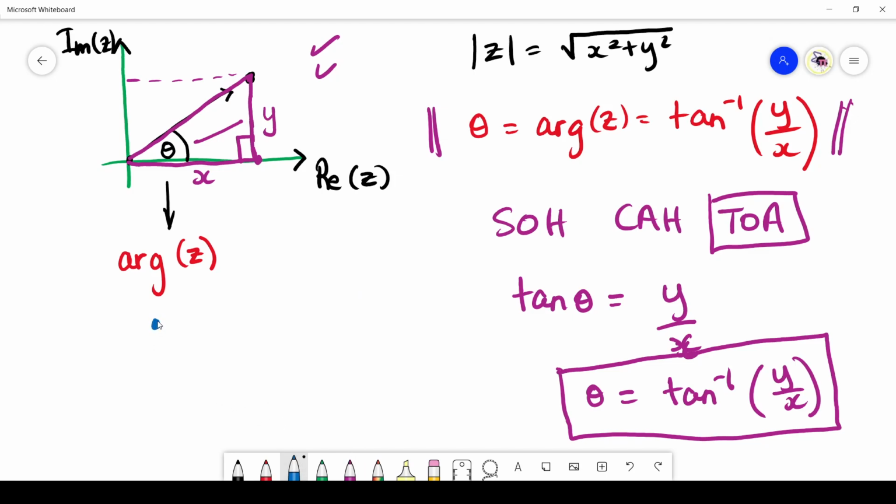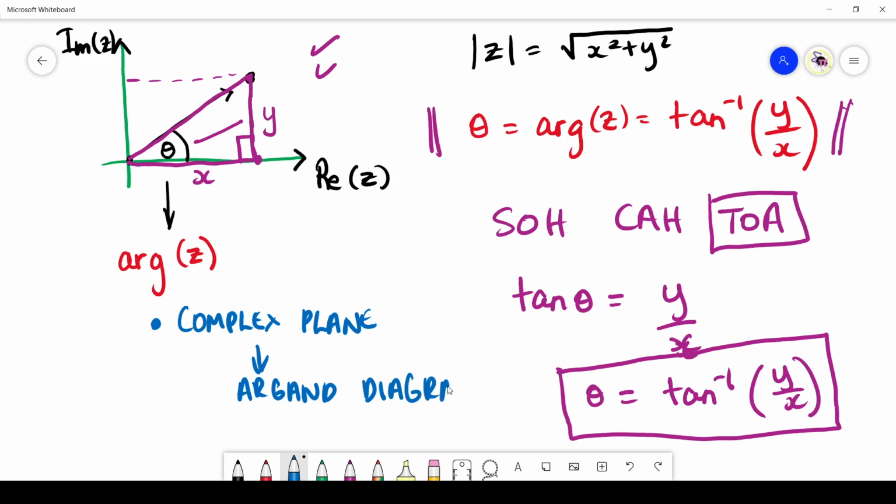So you learned that you can plot complex numbers on something called a complex plane. And on a complex plane, if you plot a complex number, it's called an Argand diagram. An Argand diagram looks kind of like if you just plotted a vector, which is a straight line.